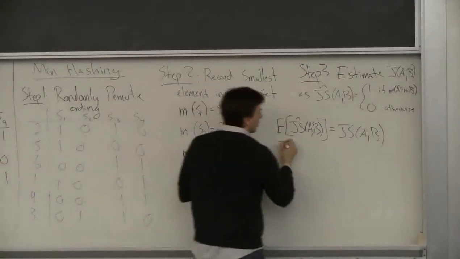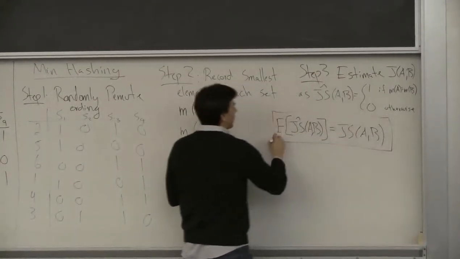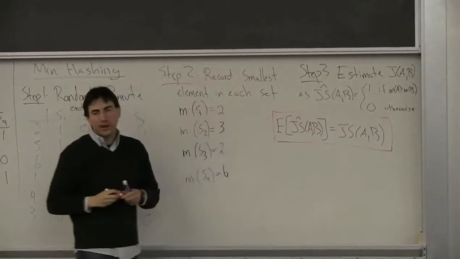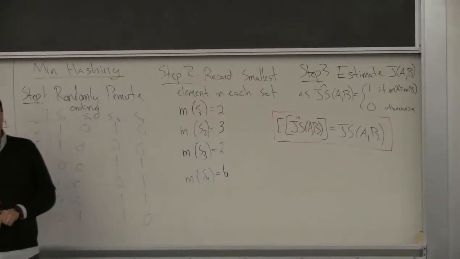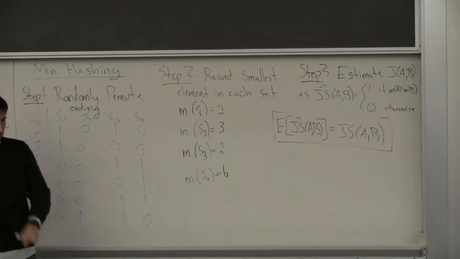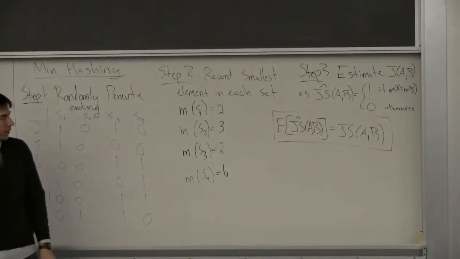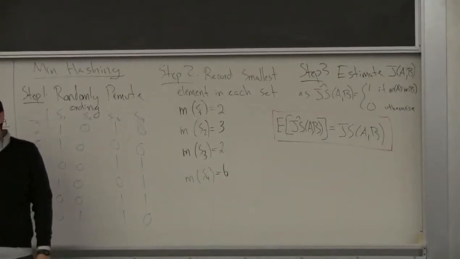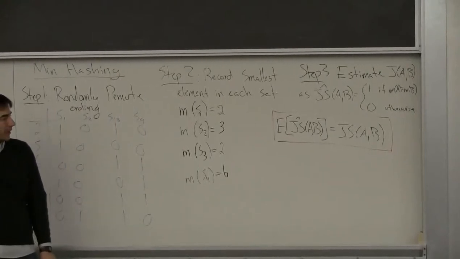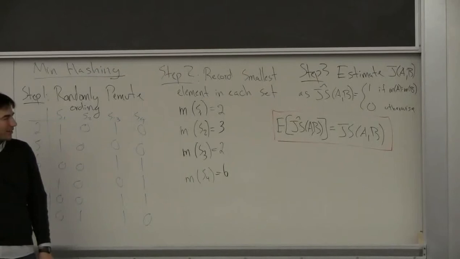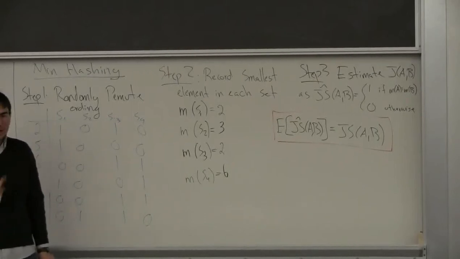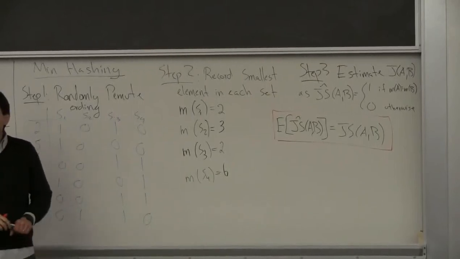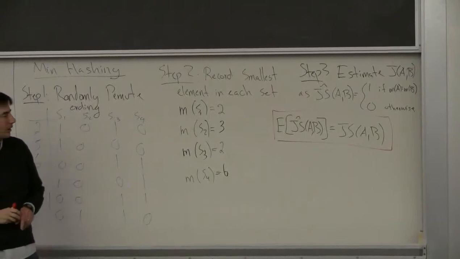So this process, which gives me a 0 or 1, is going to have the right expected value. I'll come back and prove this at the end, given we don't get bogged down someplace else. The proof is not too hard, so we'll put it off until the end of class.